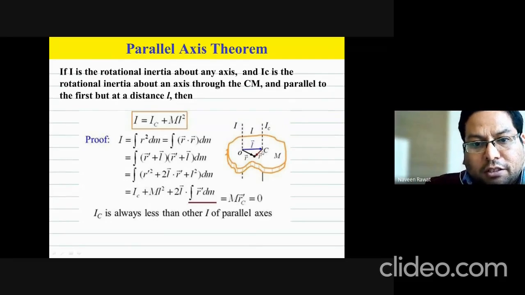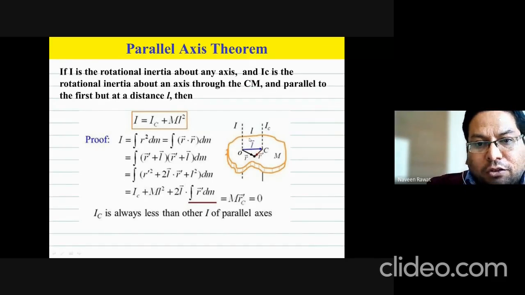C is the symmetry axis. That's the axis through which you can imagine that the entire mass is concentrated. Now we want to find the moment of inertia about an axis that is parallel to this axis, and at a distance of a certain length L away from this axis.